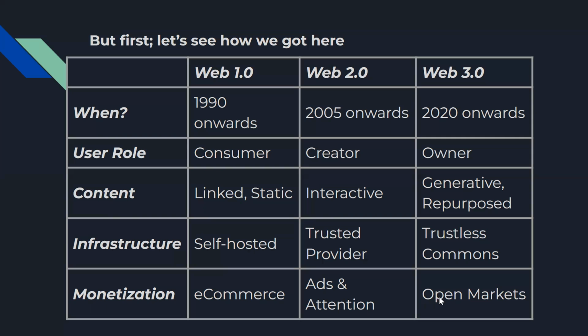And with Web 3.0, we're seeing things like auctions and open markets, where people are able to sell their goods to each other because of the trustless ecosystem. Like, I think many people have heard about NFTs and the metaverse. All of this is happening on Web 3.0, and it's facilitated by open markets.